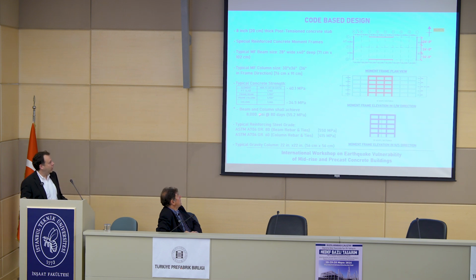For the beams and columns in the code-based design, we had to consider a little bit more capacity. So it was also specified that it would be around 55 megapascal at 80 days, accounting for that increase in strength as time goes on.